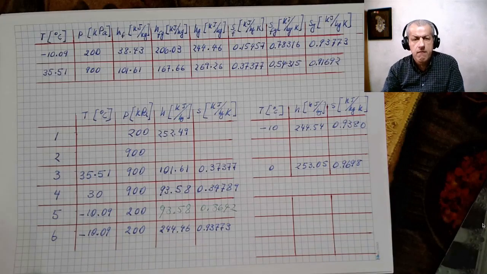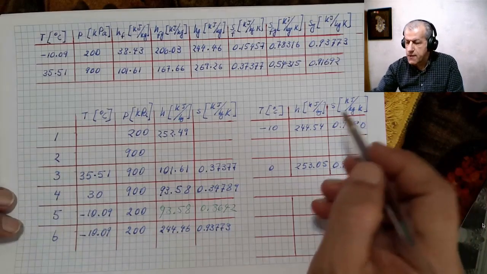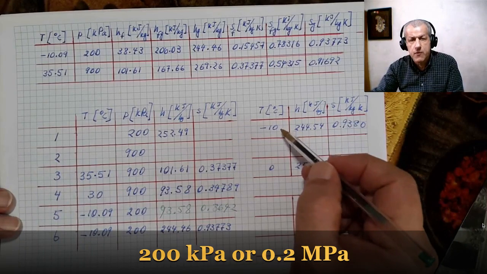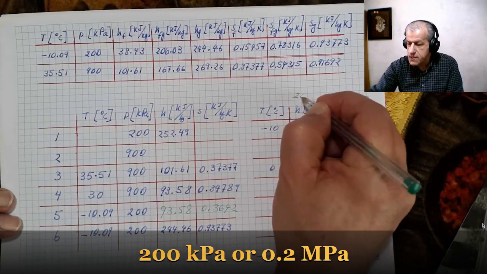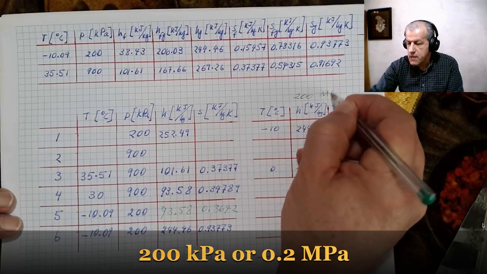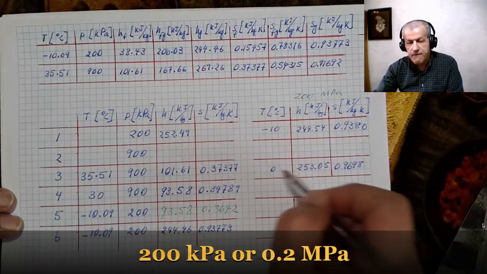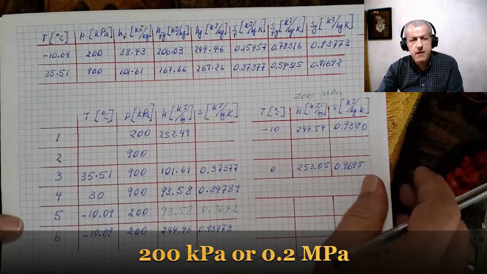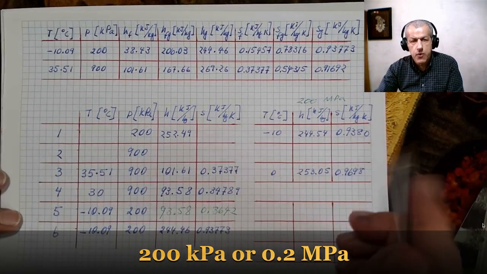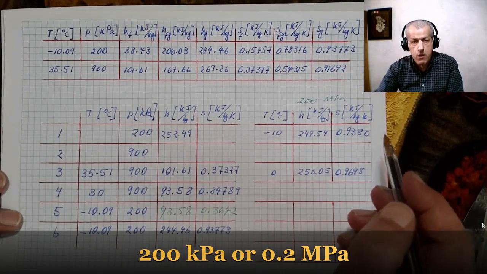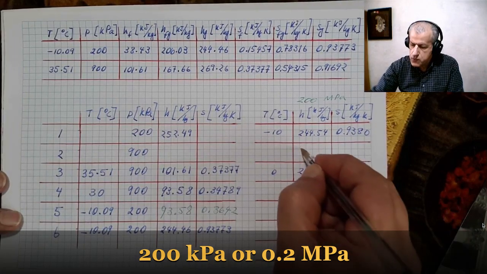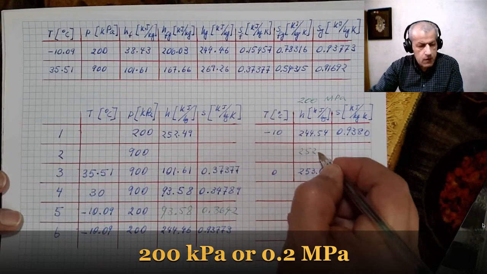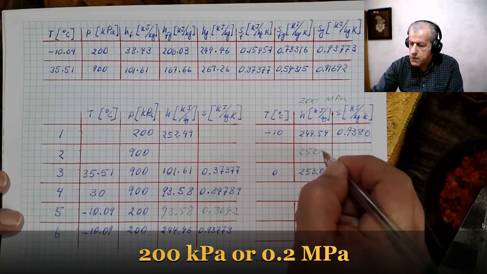These are our values from the superheat table for 200 kilopascals. The pressure here is 200 kilopascals for the values in this table. And what we know for point 1 is its enthalpy, which is 252.49.